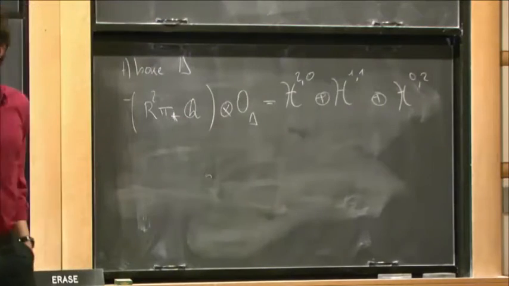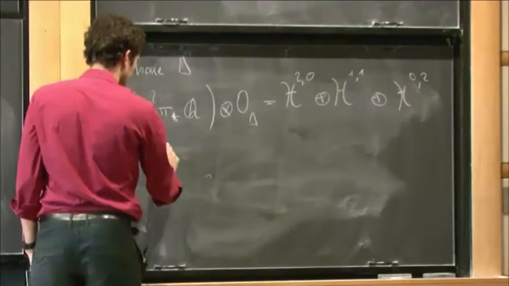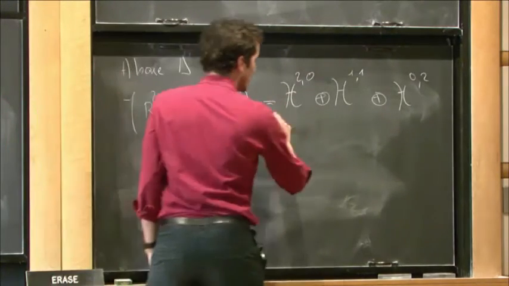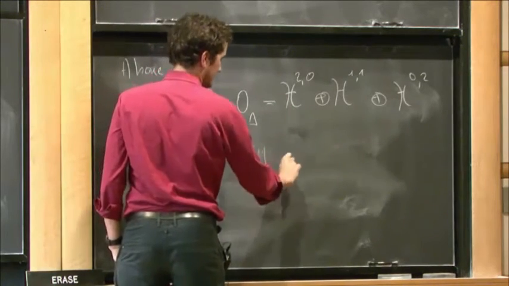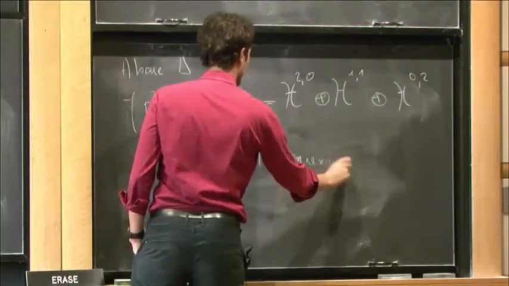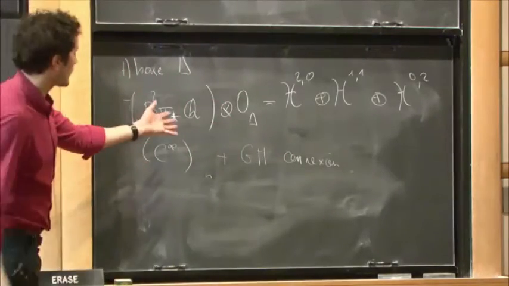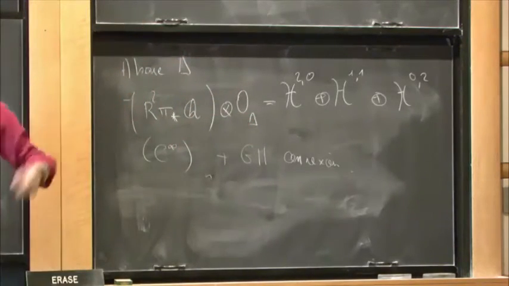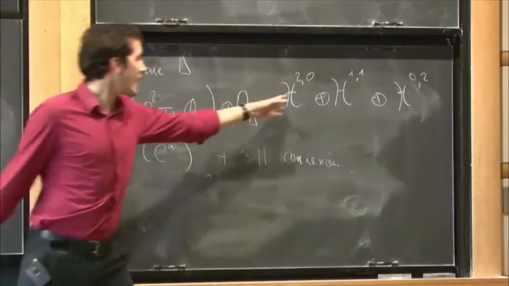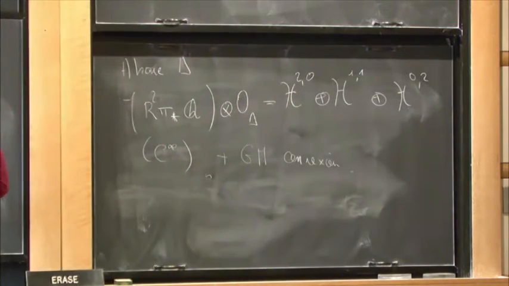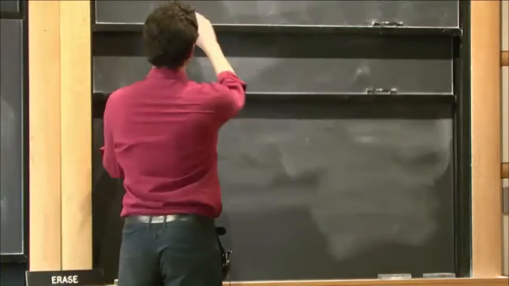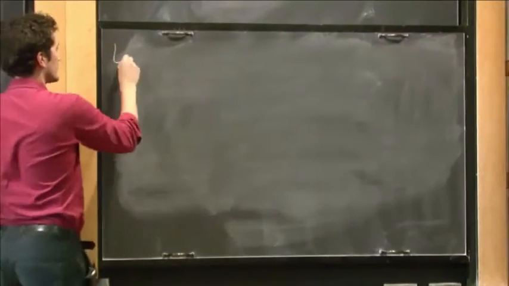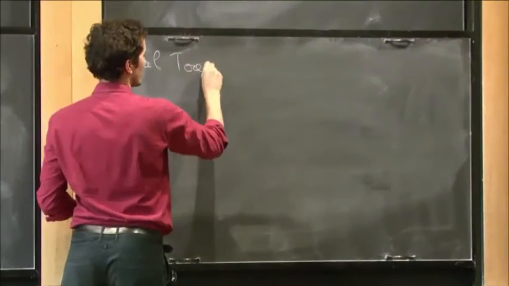This is of course not a splitting as holomorphic bundles, but it is at least C infinity. And we have the Gauss-Manin connection. Another way to say that is that we are over a contractible base, so this is just a trivial local system, and we have a varying splitting over delta.